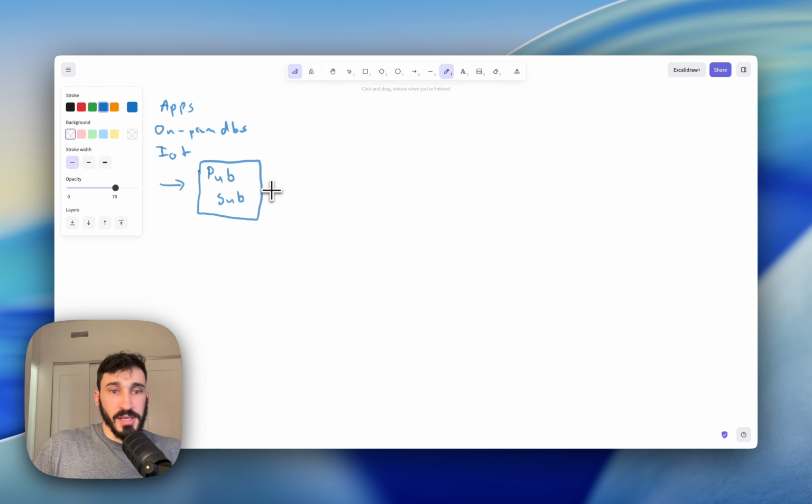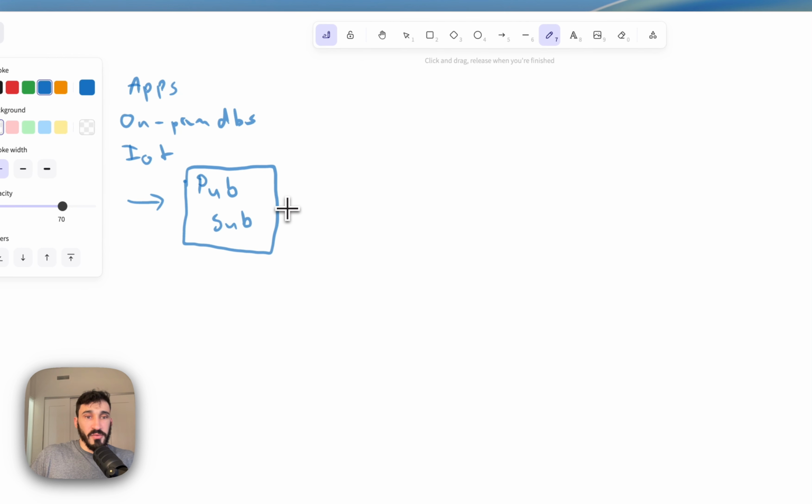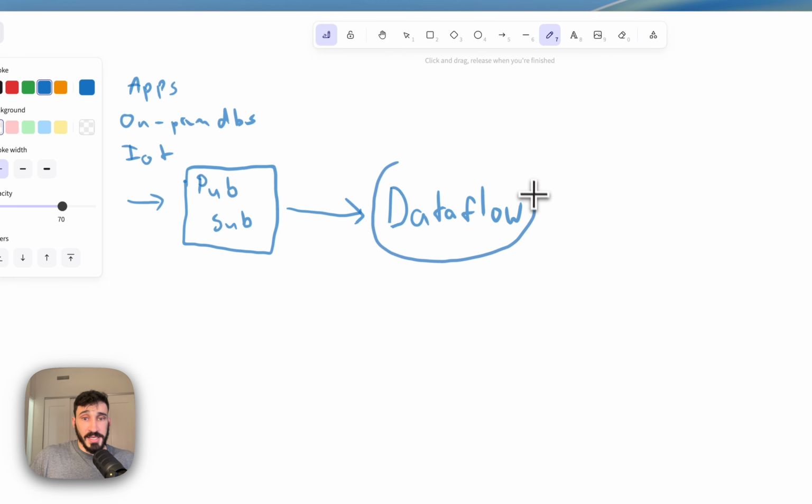And then after PubSub, essentially, we've got Dataflow. And Dataflow is your managed version of Apache Beam. So PubSub is your managed version of Apache Kafka. Dataflow is your managed version of Apache Beam. I'm just going to write that here.